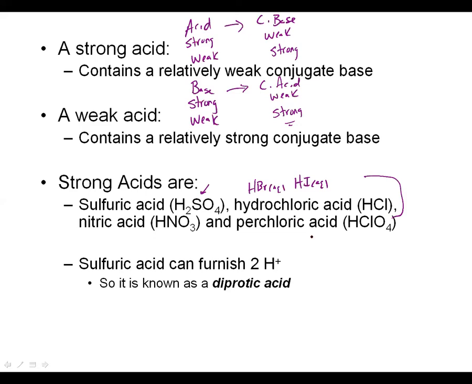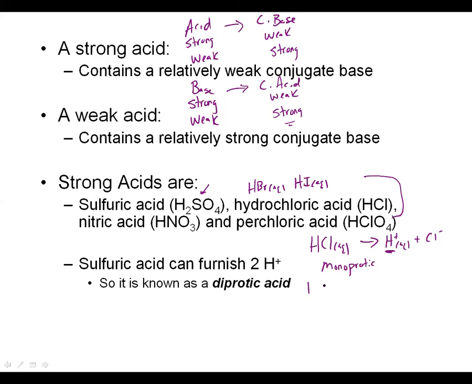When we think about acids, another way they're sometimes described: HCl, because it has the ability to drop off one hydrogen, or H plus, is sometimes referred to as being monoprotic. Mono meaning one, protic meaning proton, and it's able to donate one proton.